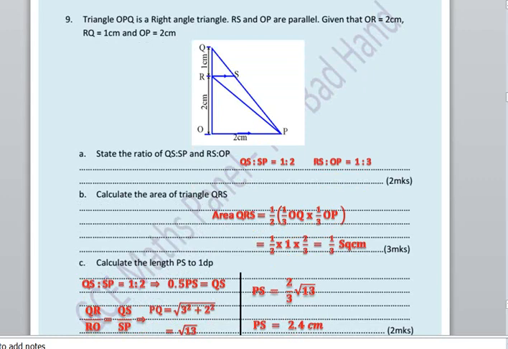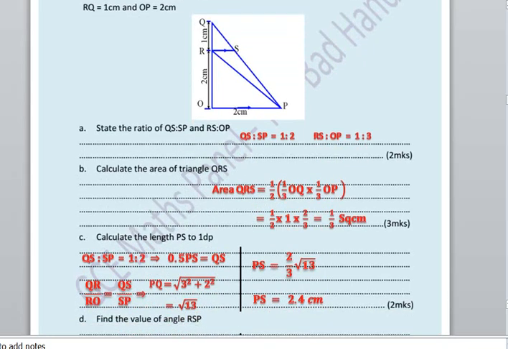The C part, you calculate the length of PS to 1 decimal place. To calculate PS, we actually need to know the length of PQ. So the first thing we'll do is calculate PQ.